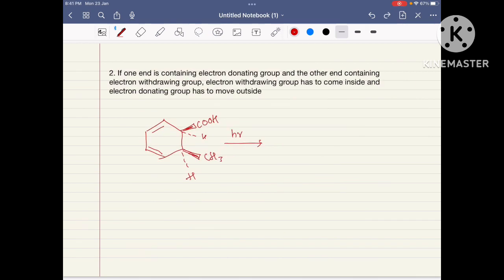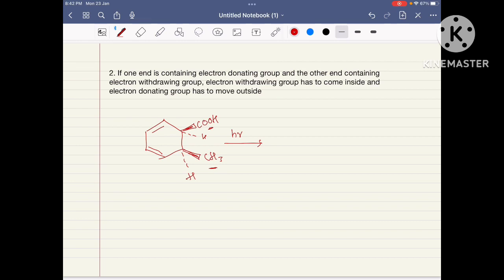The second necessary condition is when one end contains an electron withdrawing group and another end contains an electron donating group, we must move the electron withdrawing group inside and the electron donating group outside.